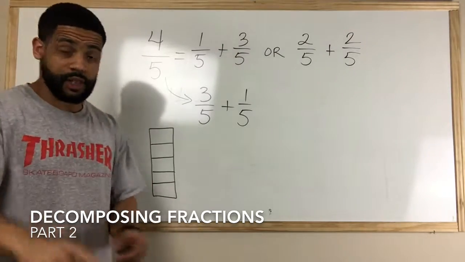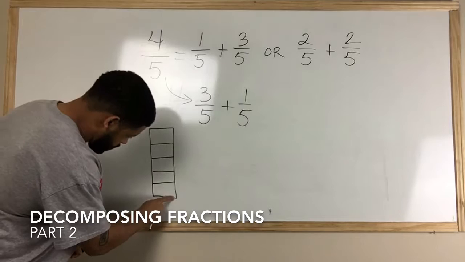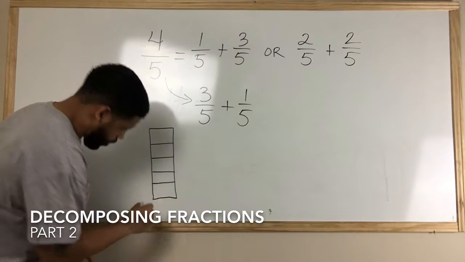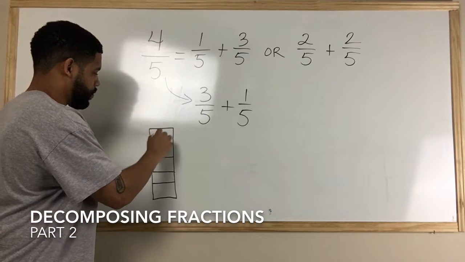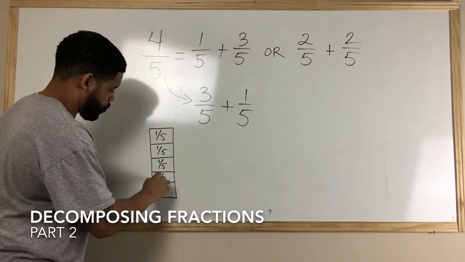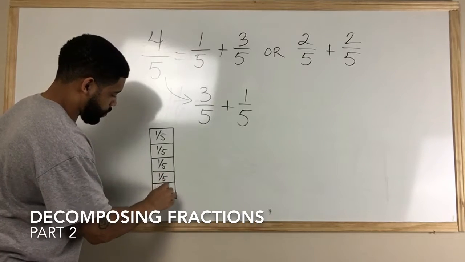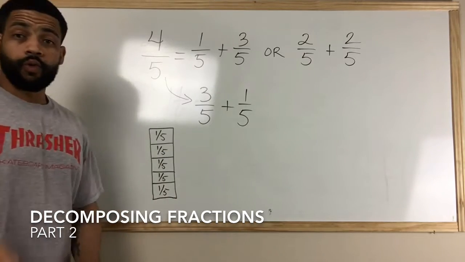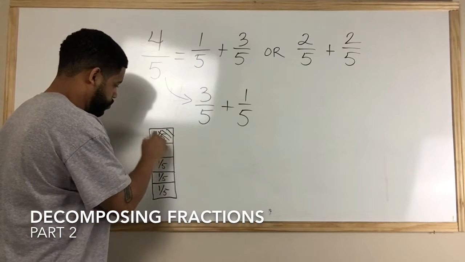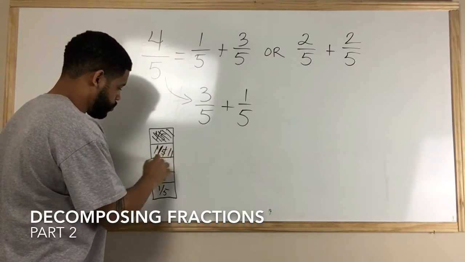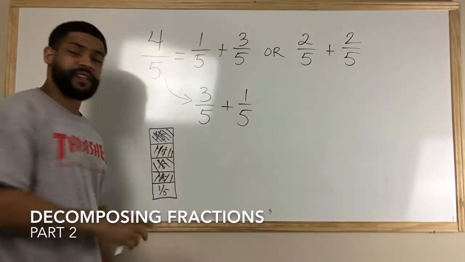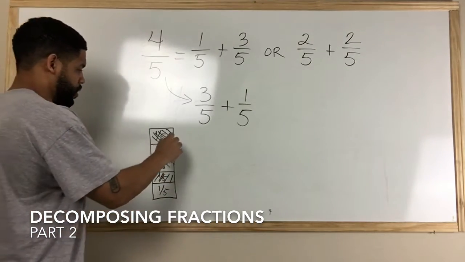We're going to imagine that this is drawn perfectly. That part bugs me. All right, so we have 1/5, 1/5, 1/5, 1/5, and 1/5. Okay, so we're working with the fraction 4/5. So let's shade some of these in. So we've shaded 4 of them.